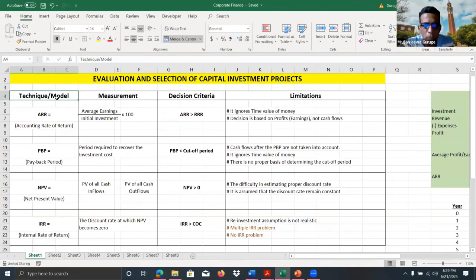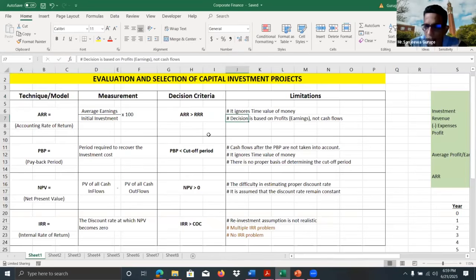Based on these it is necessary to select, but the management has the right to decide which accounting policy is most suitable for a particular organization, which will affect the profit of the organization. And so ARR is not a good technique since it uses profit to evaluate a project.